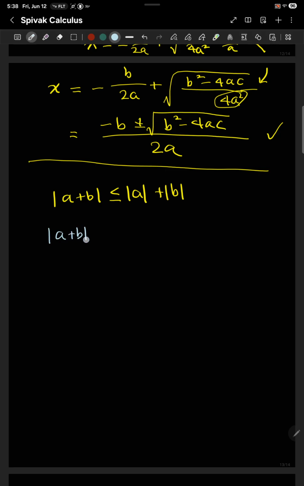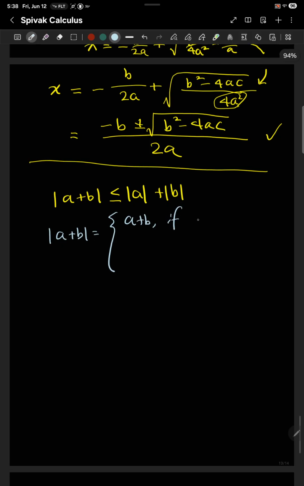First of all, the absolute value of a plus b is equal to a plus b if a plus b is greater than or equal to 0, or minus a minus b if a plus b is less than 0, right?